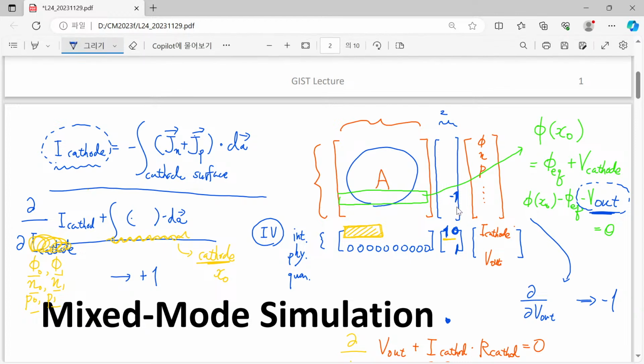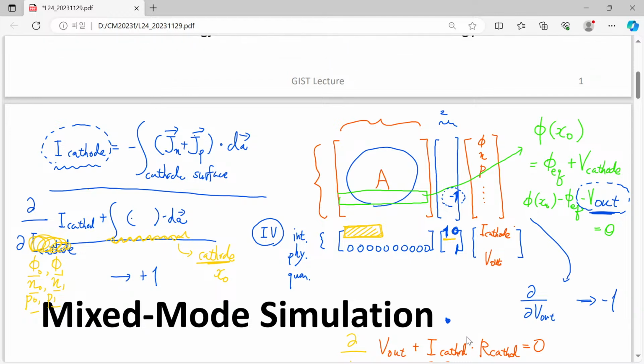Without this one, if you just omit this term, then even when you change your output voltage, your internal physical calculation does not consider the effect of this boundary value change, so your convergence will be degraded significantly.